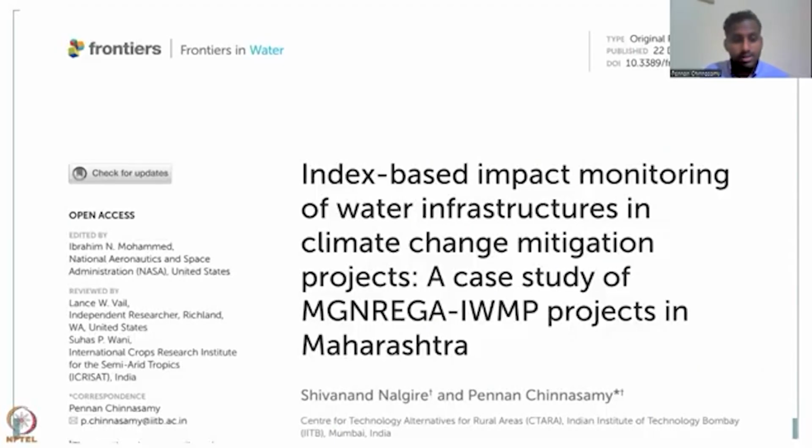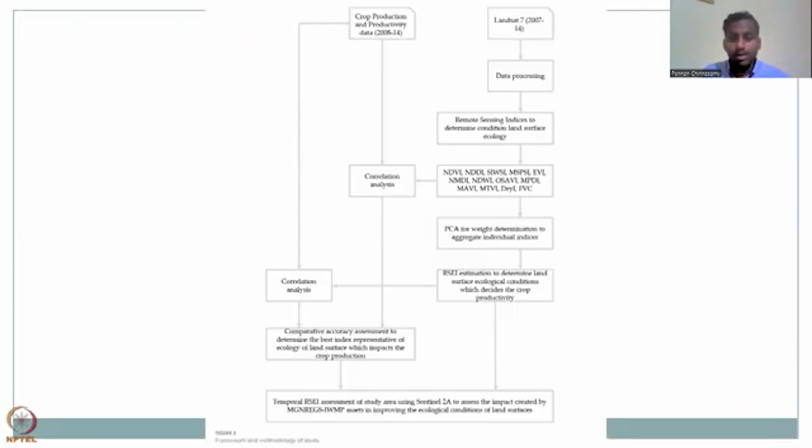So as I said, this paper was published in Frontiers in Water. And let's look at the methodology. The methodology says that first we wanted to look at the satellite data. Let's look at the left side first, which is the crop production and productivity data.